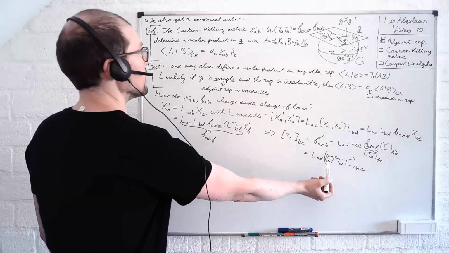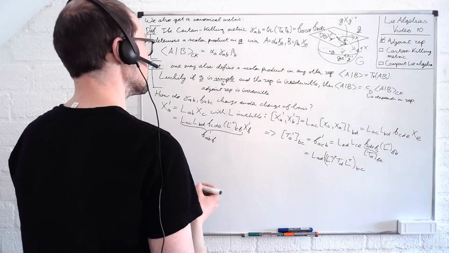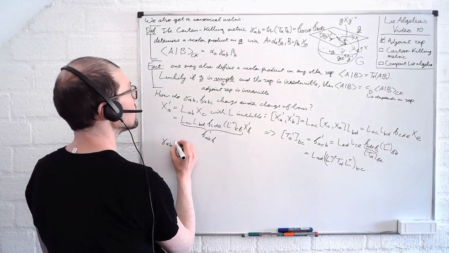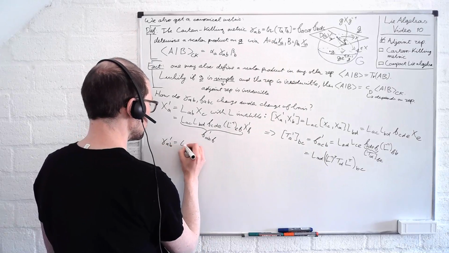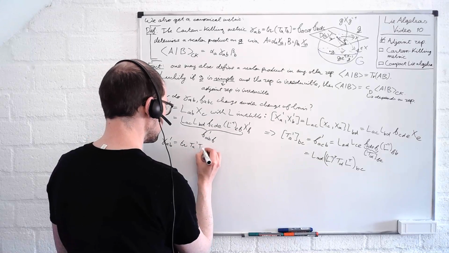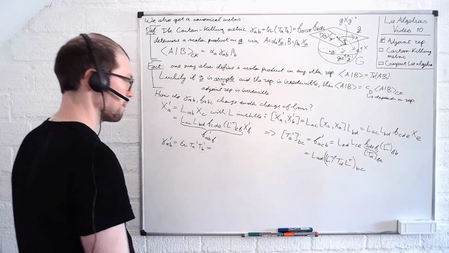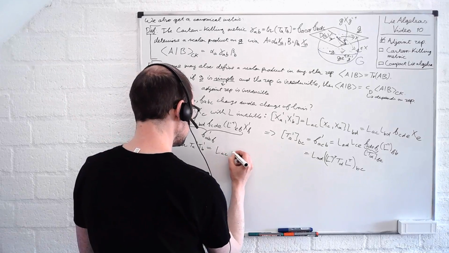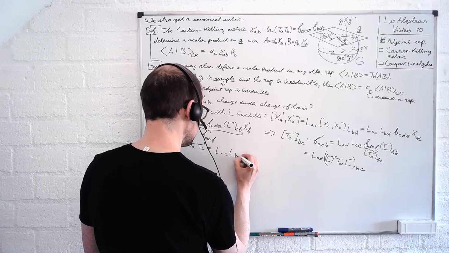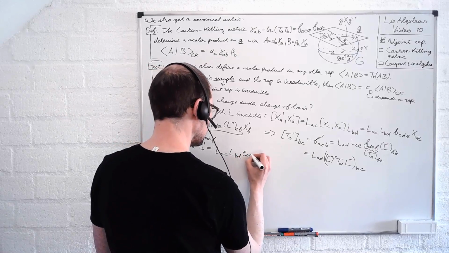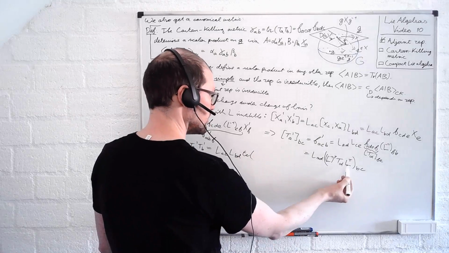Now if we plug this into the definition of the Cartan-Killing metric, what we find is that gamma_AB prime, that is the trace of T_A prime T_B prime, gives me L_AC L_BD times the trace of this part.